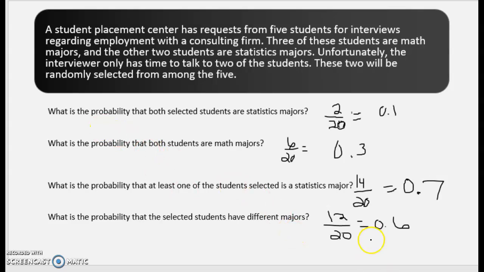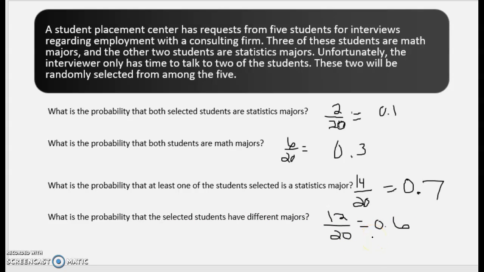Now you could also kind of do the complement there. So you know the probability that both are statistics was 2/20ths, and you know that both were math majors was 6/20ths. So together you had same majors as 8 out of the 20. And rather than adding up all of those, you could take 1 minus the 8/20ths to get you the ones that are different majors.